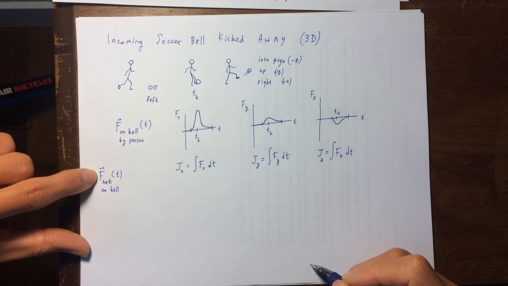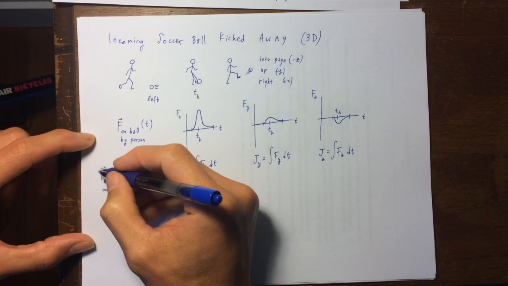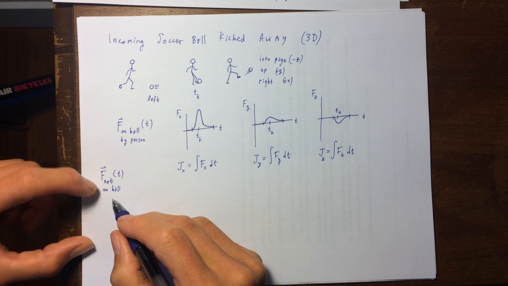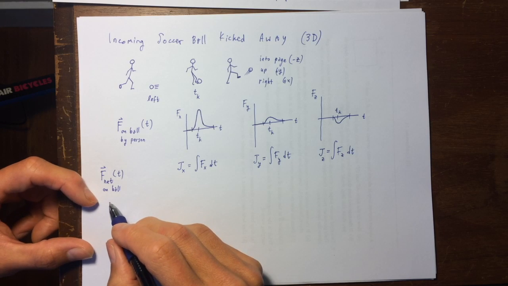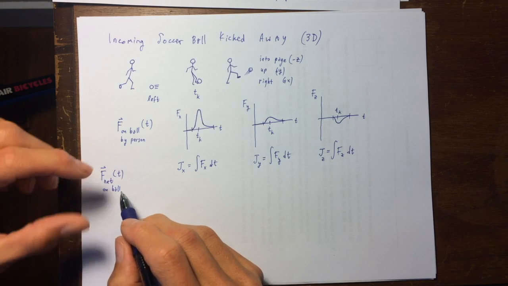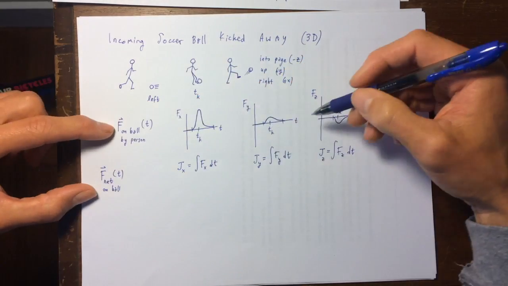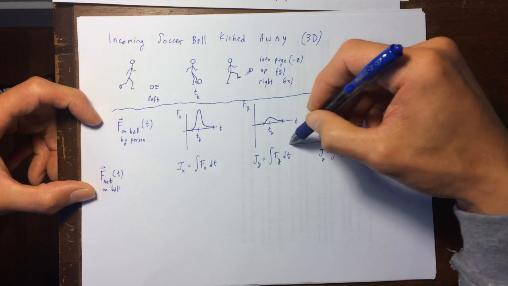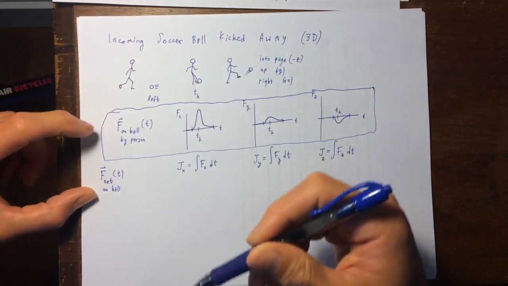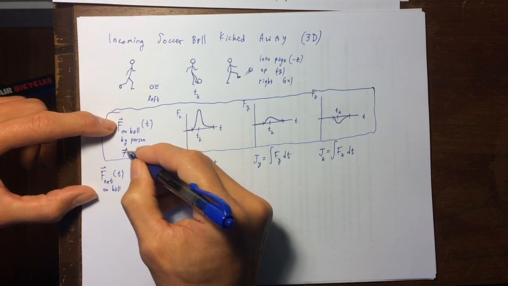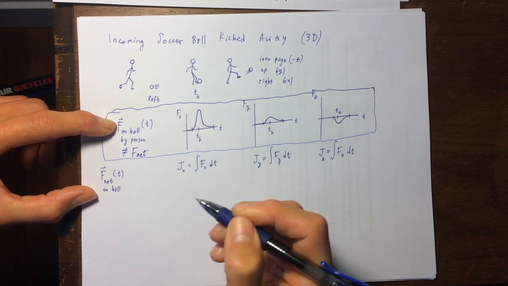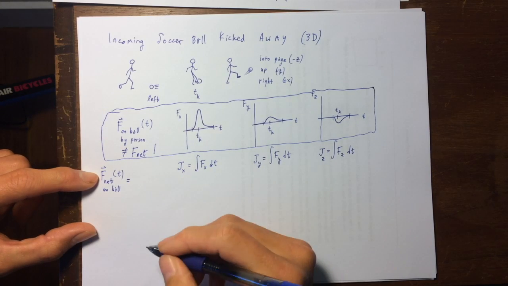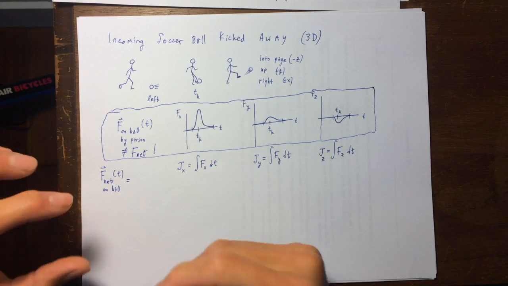F net, though, on the ball, if I know what F net is, I can tell you what the change in the momentum of the ball is. So I'd like to point out that these right here are the force on the ball by the person, but this is not F net. Big deal. F net is more like, and it depends on what you want to model.